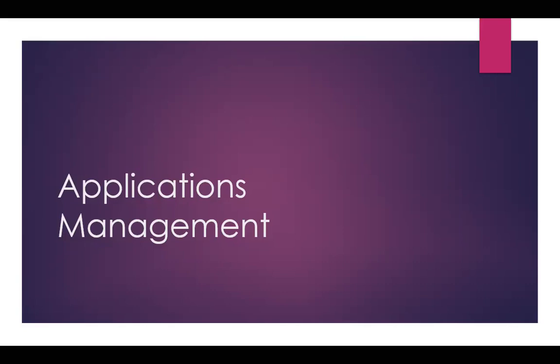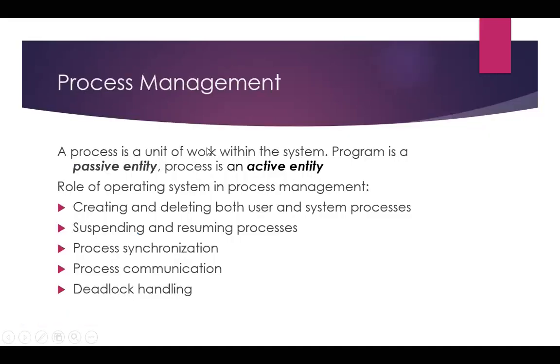The second function of the operating system, the third function in fact, is application management. Every application is a computer program, a computer software. Whenever we run a program, it generates one or more processes. A process is an active entity and a program is a passive entity.